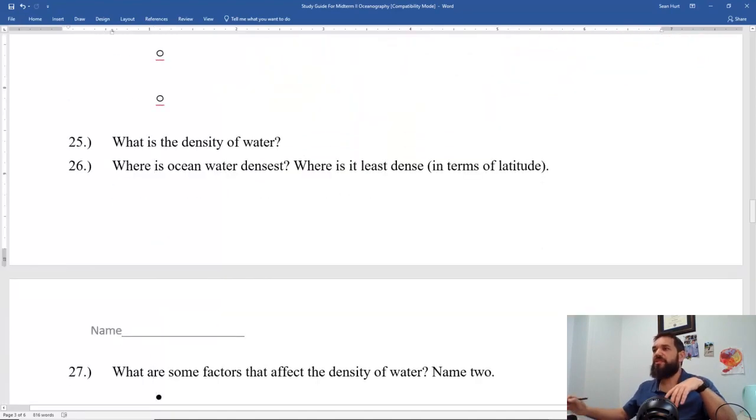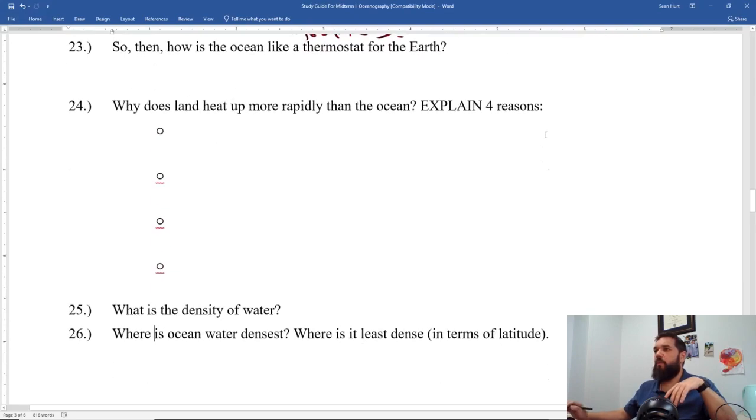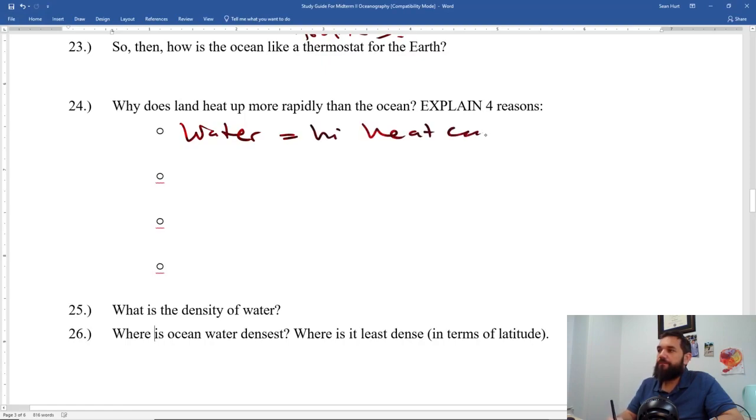All right, some reasons that land heats up more rapidly than the ocean. We talked about this in a few different places in this class. For one thing, water has a high heat capacity. So I'll put high heat capacity. It takes a lot of energy to change the temperature of water, right?